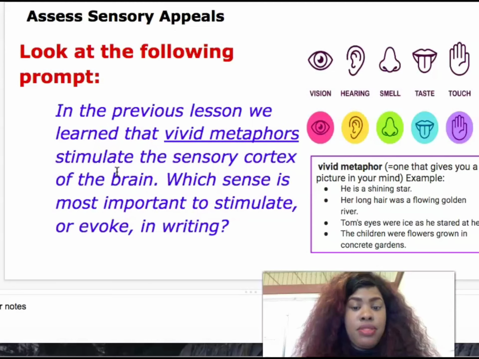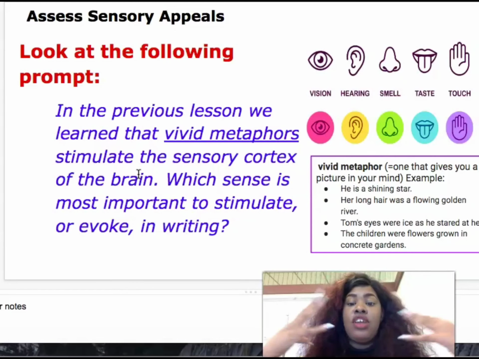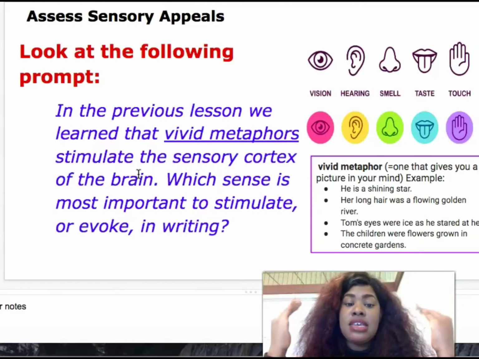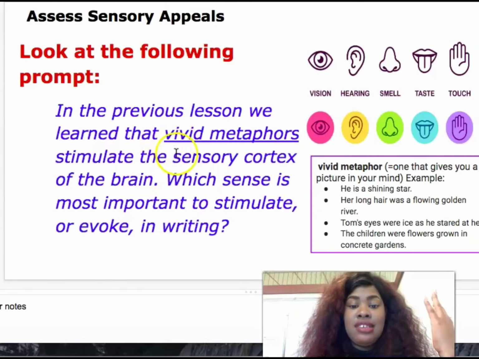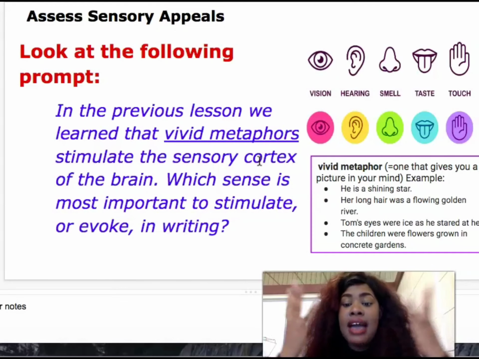So one of the key ideas you should have learned from the article you read yesterday is that vivid metaphors stimulate the sensory cortex of the brain. When I read a metaphor that is very vivid, it paints a picture in my mind and it activates the sensory cortex of my brain.